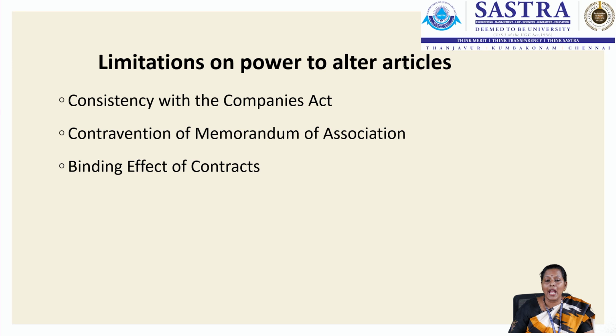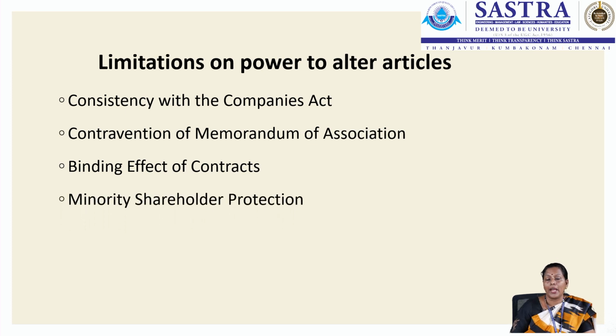So the company has the binding effect of the contracts which they have entered into before the alteration of the Article of Association. They cannot cite the alterations and state that the contracts they entered into before the alteration will become null and void. That doesn't happen. The company is responsible for all the contracts that they have made before the alteration in the Article of Association.